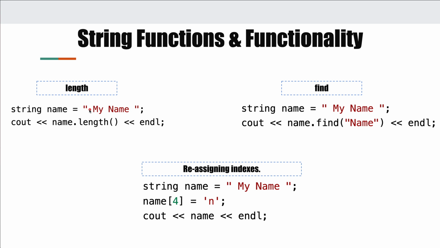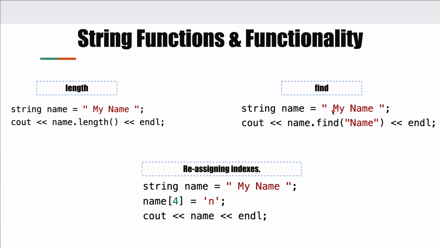And this one starts counting at 1. So 1, 2, 3, 4, 5, 6, 7, 8, 9. So that would return the number 9. Next, we have the find function. So when you call name.find, you can actually find a string within a string. What gets interesting about this is name.find is going to return the index number of the first letter that matches up.